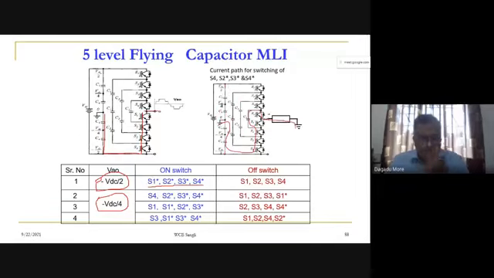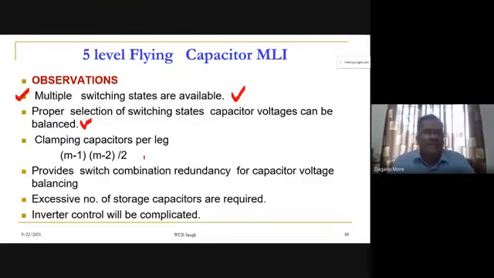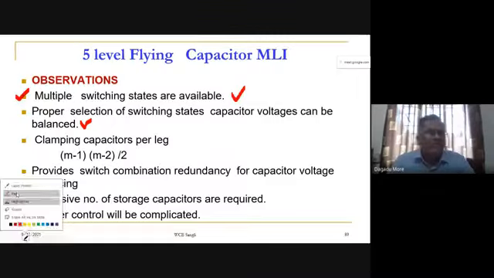Now, the clamping capacitors, excluding the capacitors required for splitting the DC link, will be different. That is only 4 in total, but how many will one leg require? How many capacitors will this 5-level inverter require? 6 capacitors per leg. Let us take the example of a 5-level multi-level inverter.